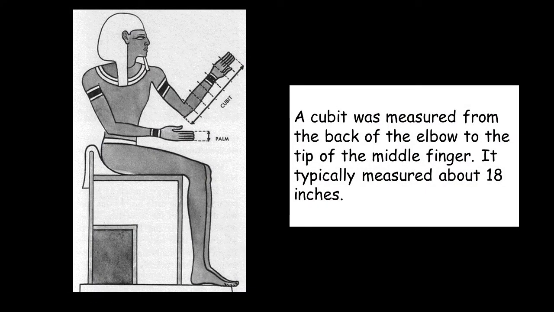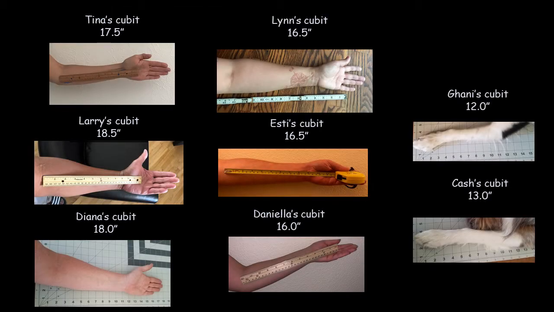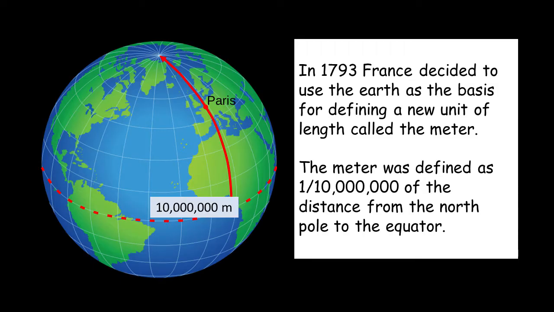Thousands of years ago in Mesopotamia and Egypt, the common unit was the cubit. Here you can see everyone's cubit is a little different in length, causing all sorts of measurement problems. You can imagine people were frustrated by the variability in all of these measurements.